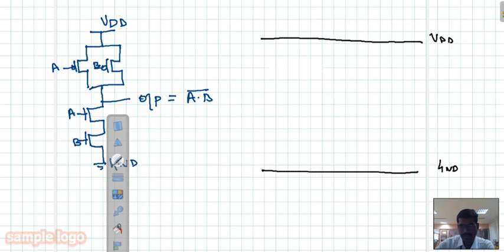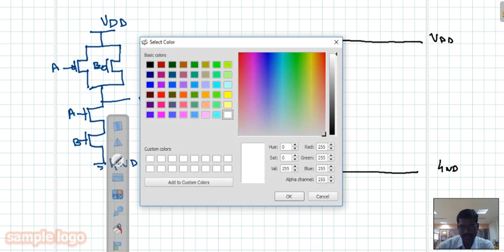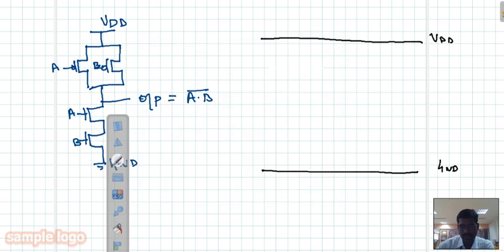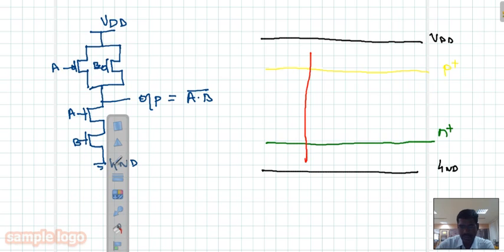These were P plus, and N plus, and polysilicon. Once again, we have this. These are A and these are B.